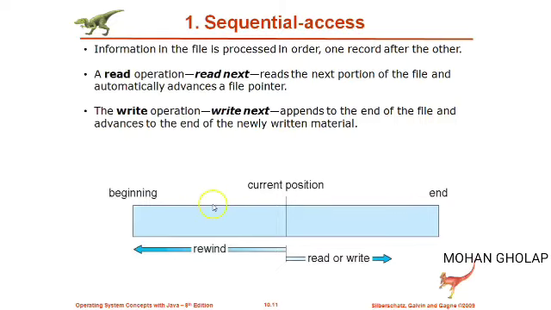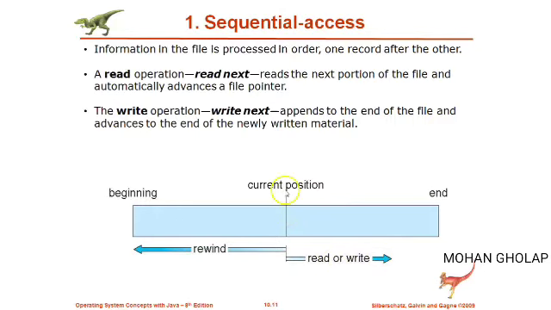Here is a diagrammatic view of a sequential access example. You can consider this is the beginning of your file, this is the end of your file, and the current position of the file pointer is here. Whenever you perform the read or write operation by using the read next or write next system call, the operation will be started from this current position. That's why at the right hand side we have read or write.